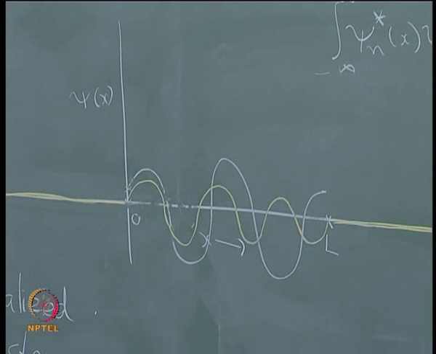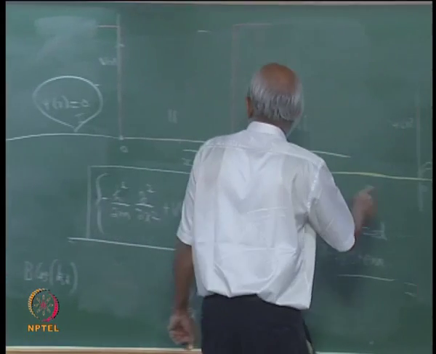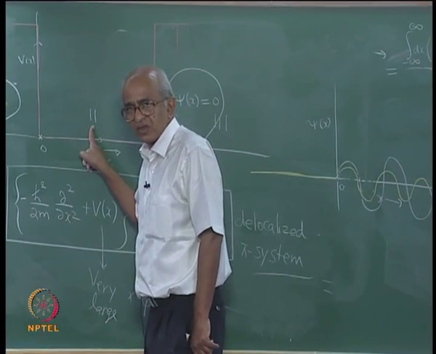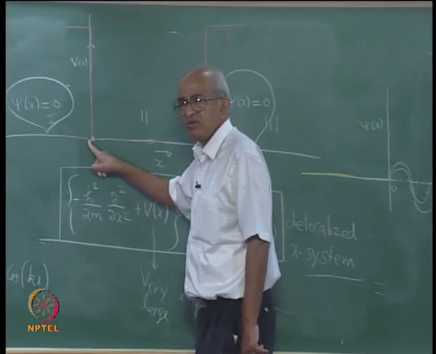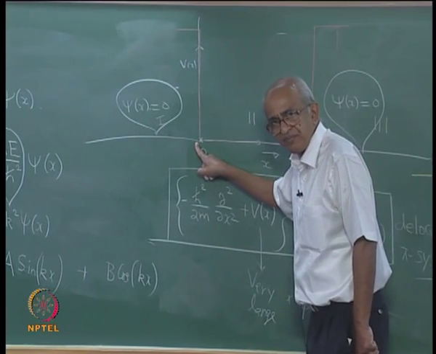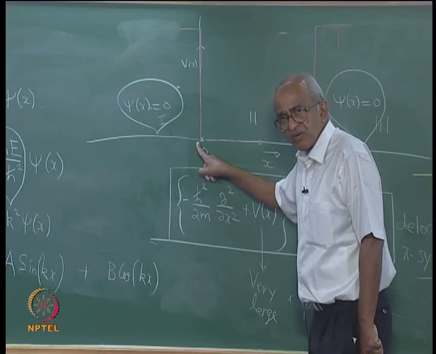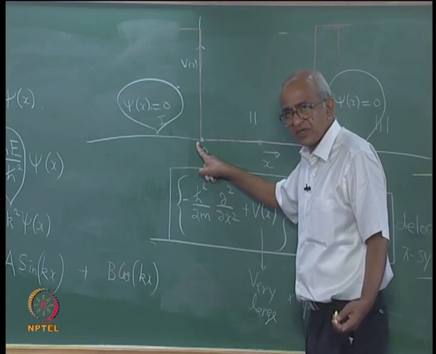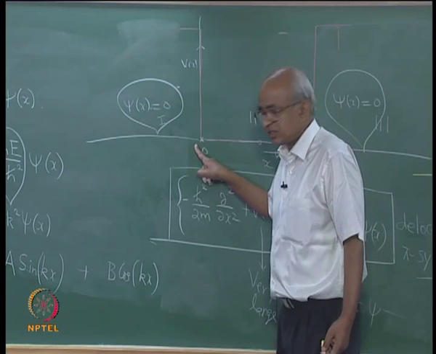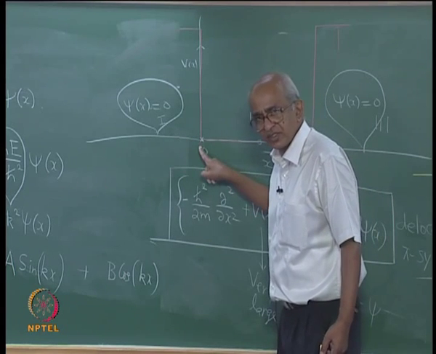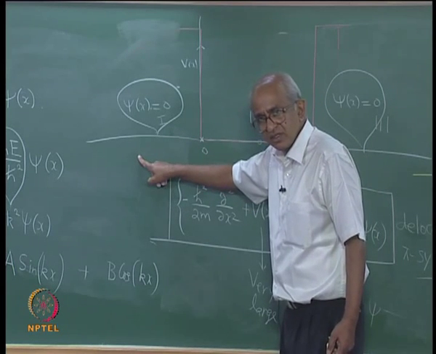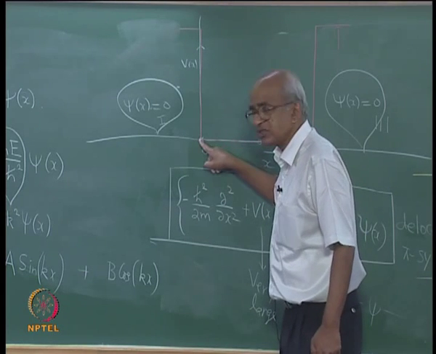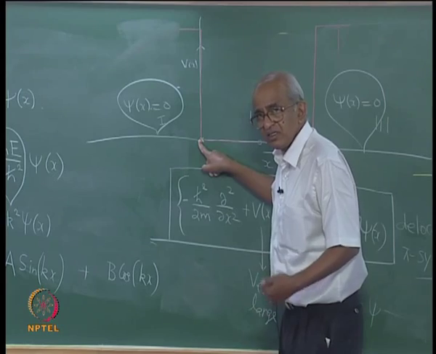And if that is the way it is, what is the condition that my wave function within this region should satisfy? At x is equal to 0, its value must be equal to how much? In order that the function is continuous, see, from the left hand side the wave function is 0 everywhere, and so the wave function's value at x is equal to 0 must be 0.